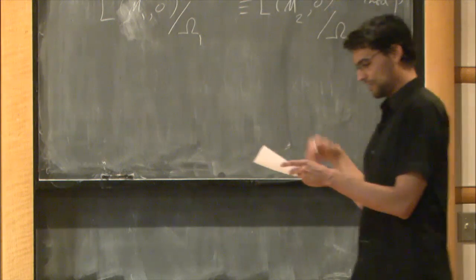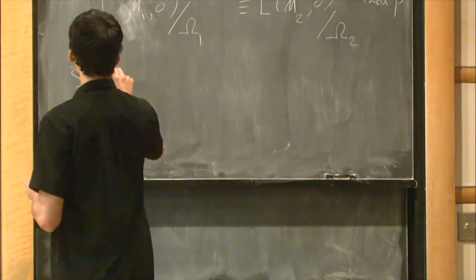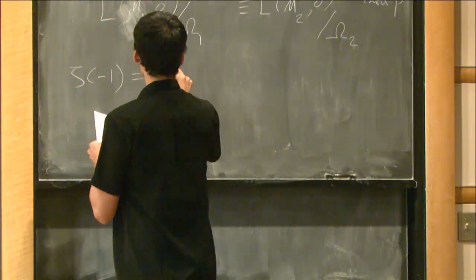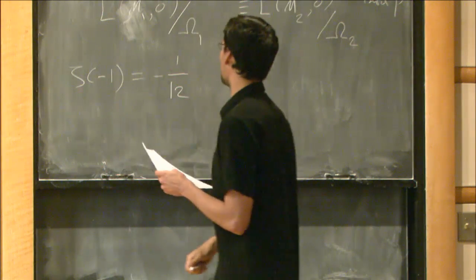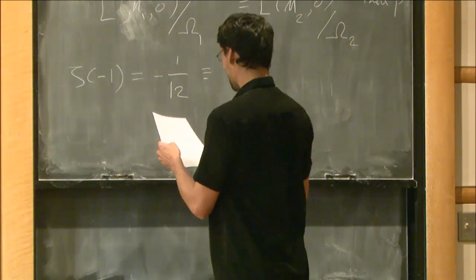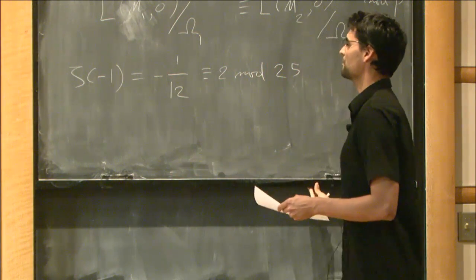Because as you very well know, suppose I take the motive Q of minus 1, then its special value at 0 is zeta of minus 1. You don't have to divide by any period, because as you all know, this is equal to minus 1 over 12. And this is obviously congruent to 2 modulo 25.